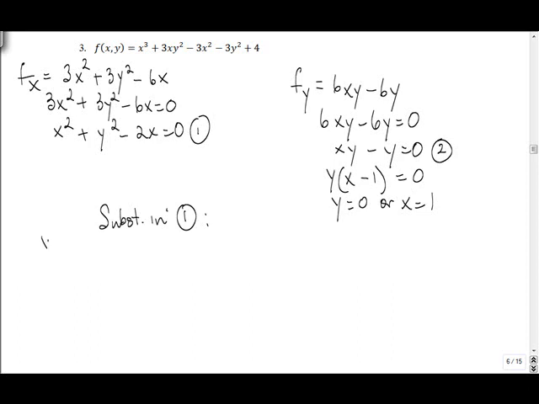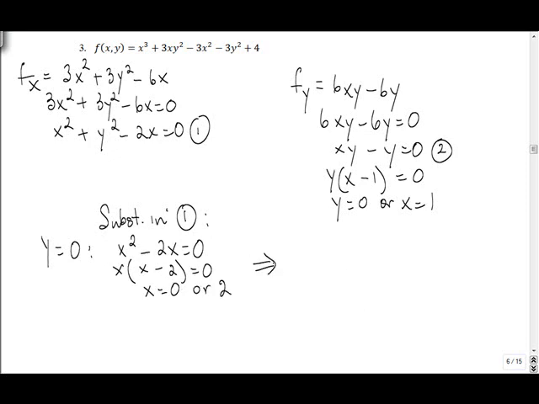So let's start with y equals 0. Put y equals 0 into 1. We get x squared minus 2x is 0. You can solve that. Factor out the x. x times (x minus 2) is 0. So x equals 0 or 2.